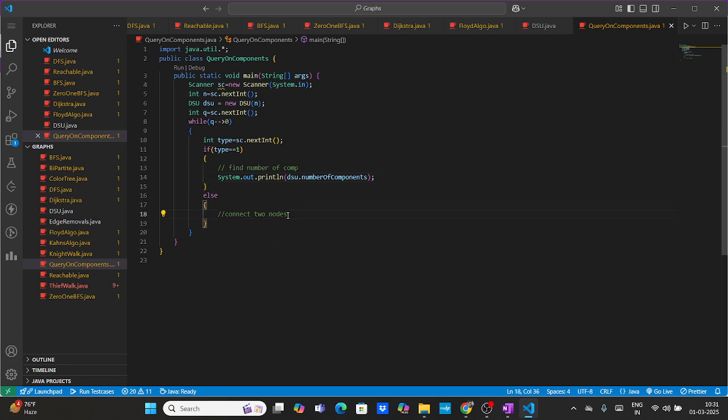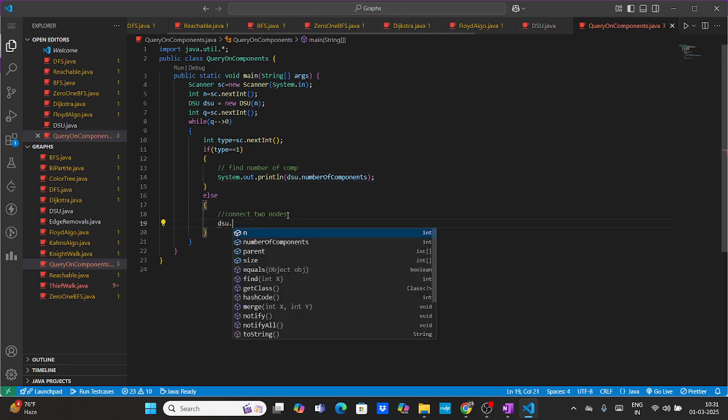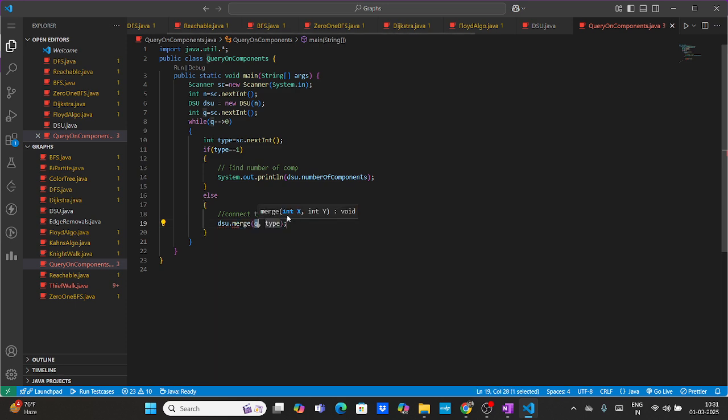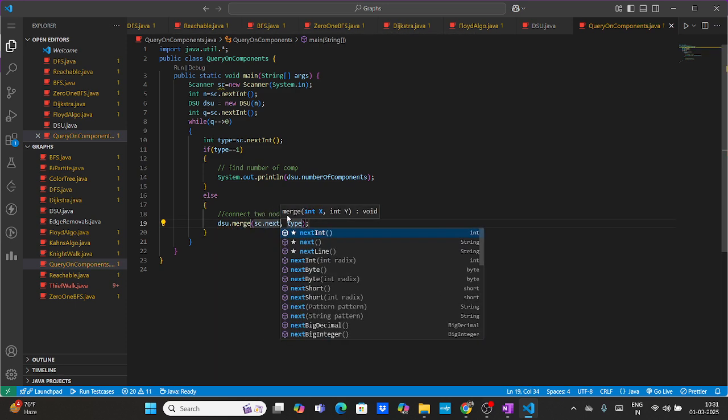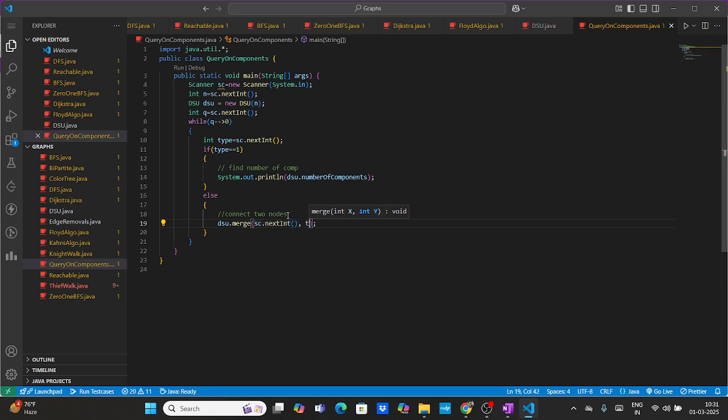In this case, merge of, directly instead of writing it separately, I just wrote it here. Is it fine, guys? Shall we run? Yes.